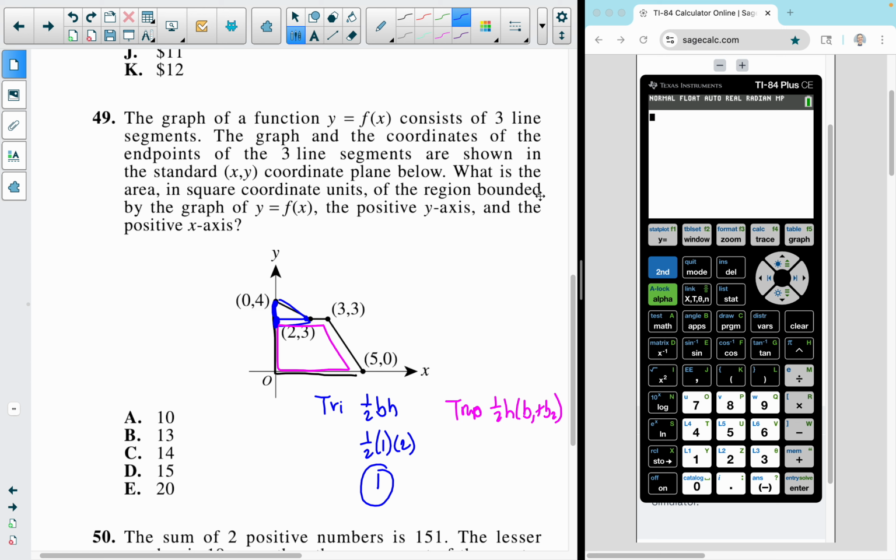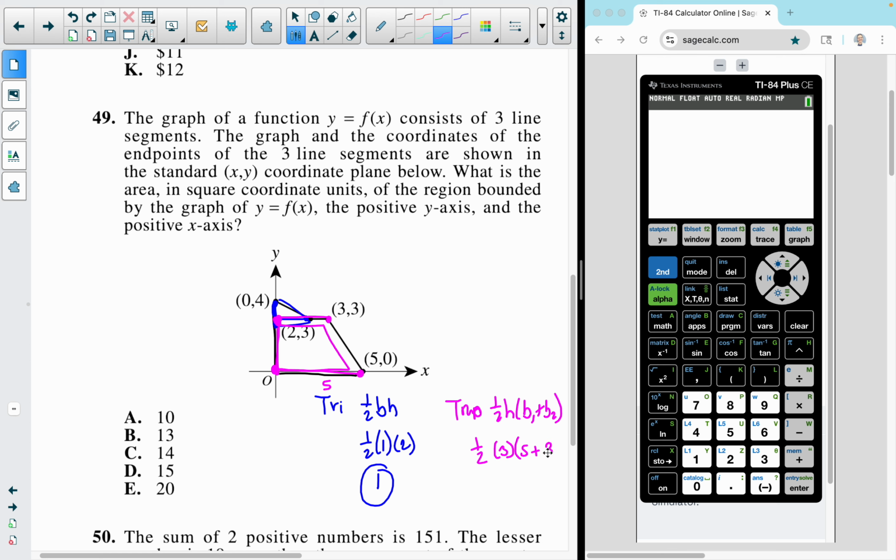For the trapezoid, we're going to do the same thing. 1/2, so the height of our trapezoid is on the y-axis. It goes from 0 up to 3. So our height is 3. Base 1 goes from the origin to the end of this coordinate, which is 5, plus the other base, the top here, which goes from 0 until we get to the x value of 3.